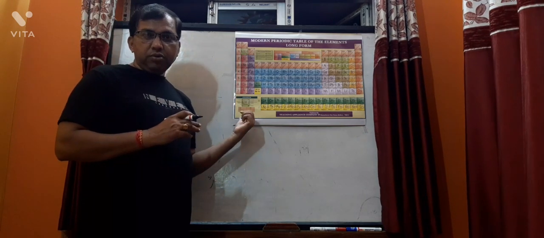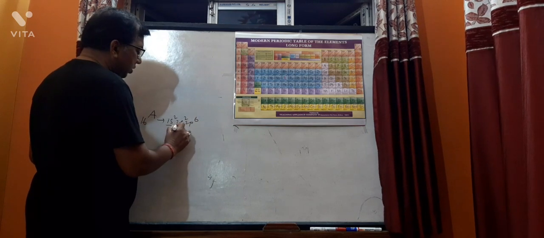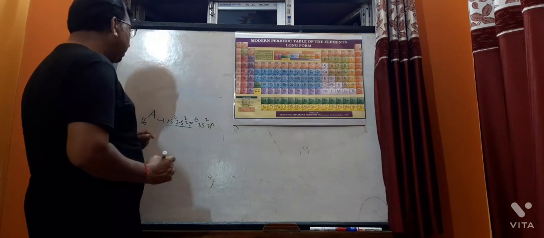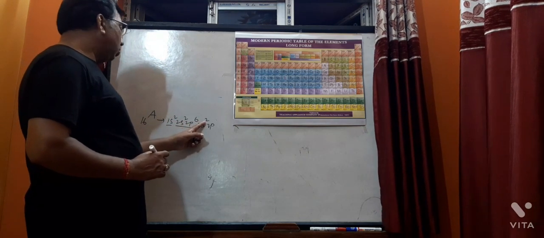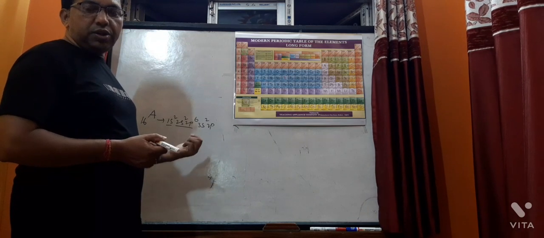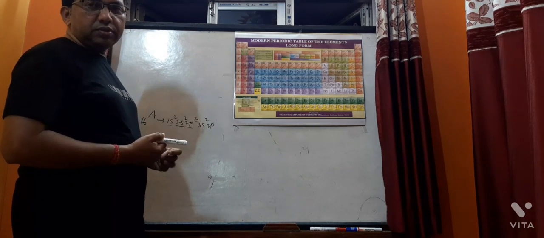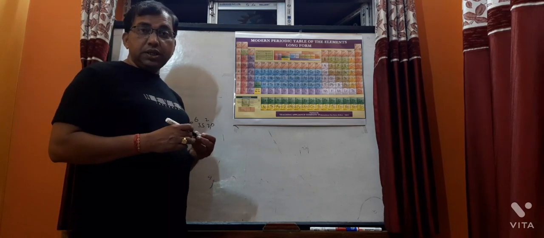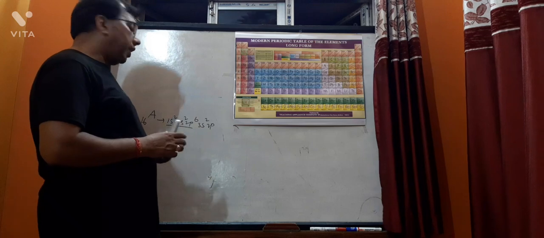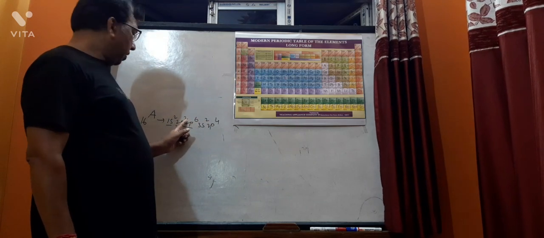For 16, you have to write the electronic configuration: 1s2 2s2 2p6, then 3s2, and then 3p4. What will be the value of n? 3 or 4? 16 means 2, 4, 6, 10, 12 and 4 more, which is 16.